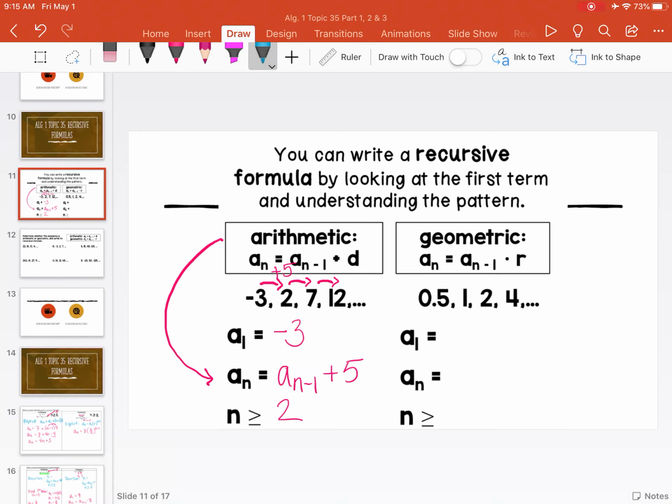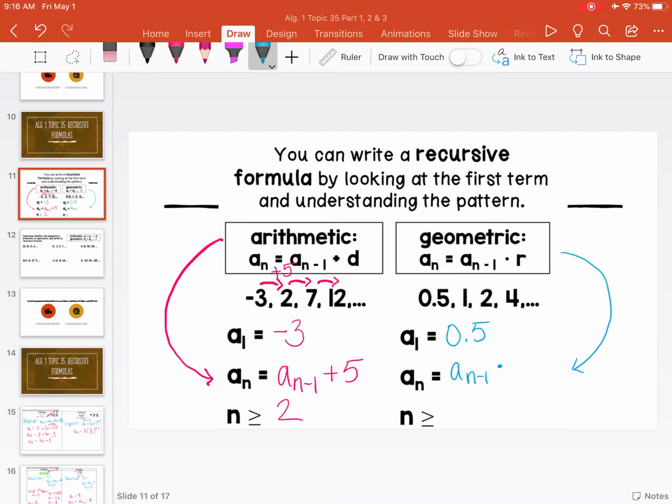Now, trying another example on the right-hand side for a geometric sequence, we have 0.5, or 1/2, 1, 2, 4. So the first term is 0.5. In order to determine our pattern, we're going to use this outline provided above. So the term that we want, we need to take the previous term, a sub n minus 1, and multiply it by a common ratio.